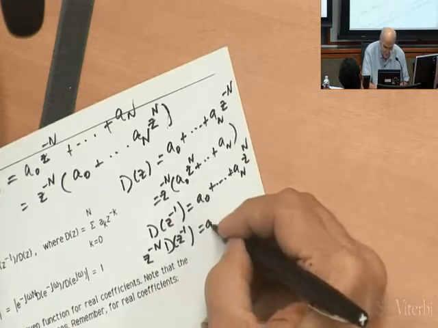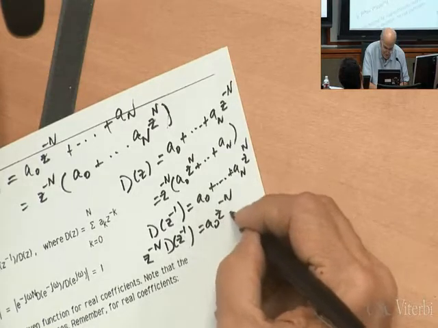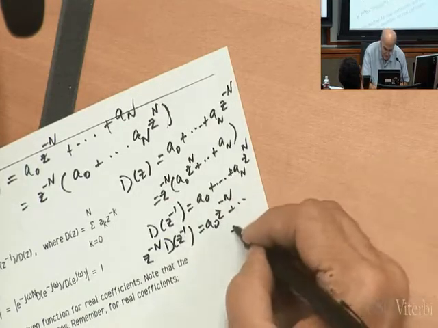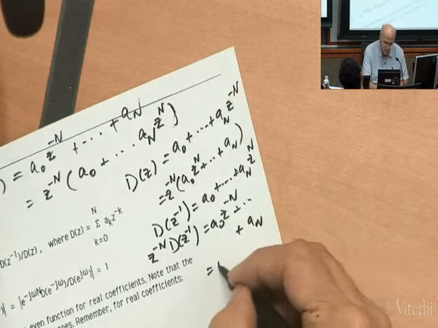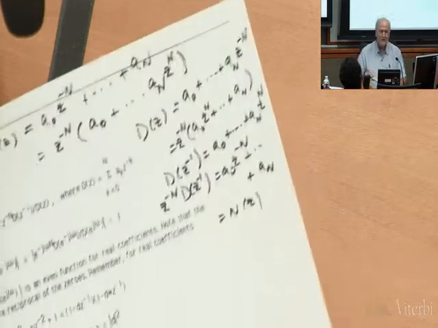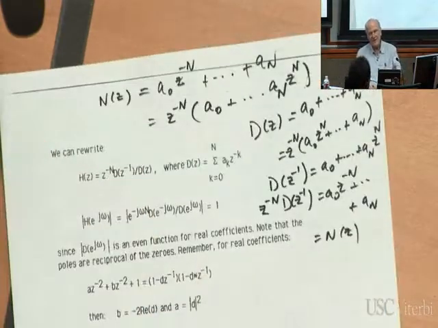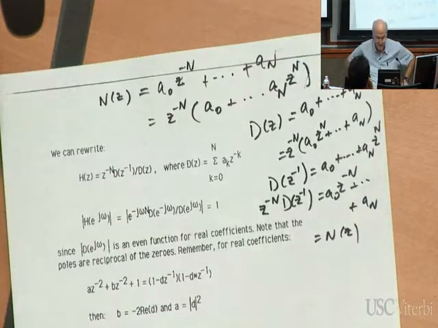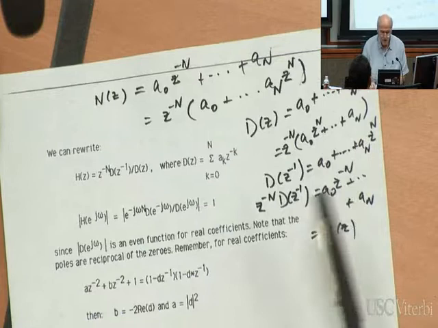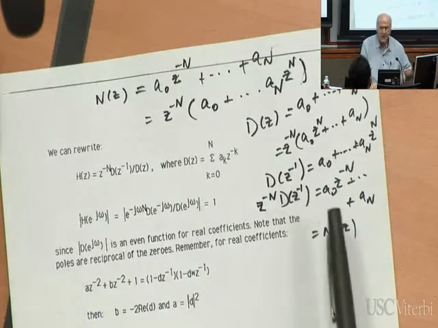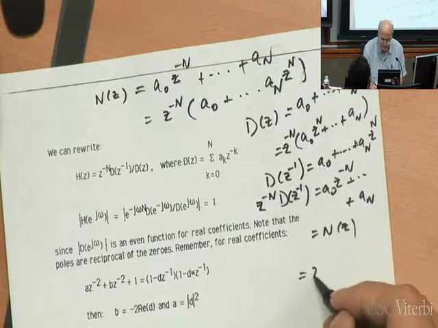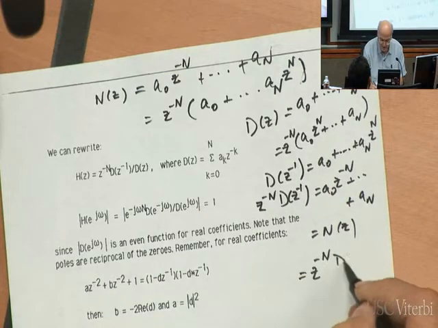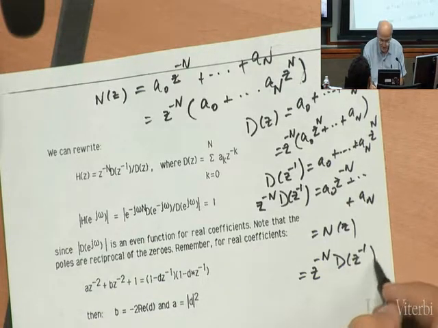That's equal to a naught z to the minus n plus dot, dot, dot, plus a sub n, and that is equal to the numerator, n of z. That's what I meant to do, and I've written it down here. I was just trying to go through it, and I got messed up. But anyway, the denominator and numerator polynomials are related through this, just what I've written: z to the minus n, d of z to the minus 1.